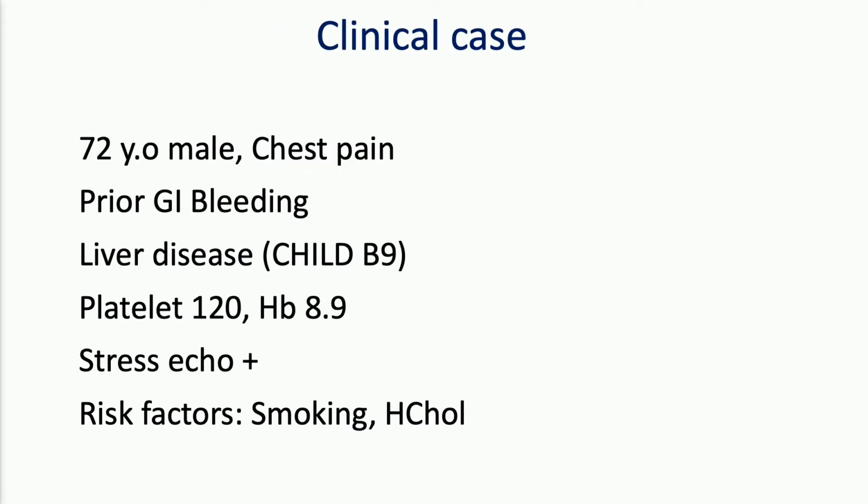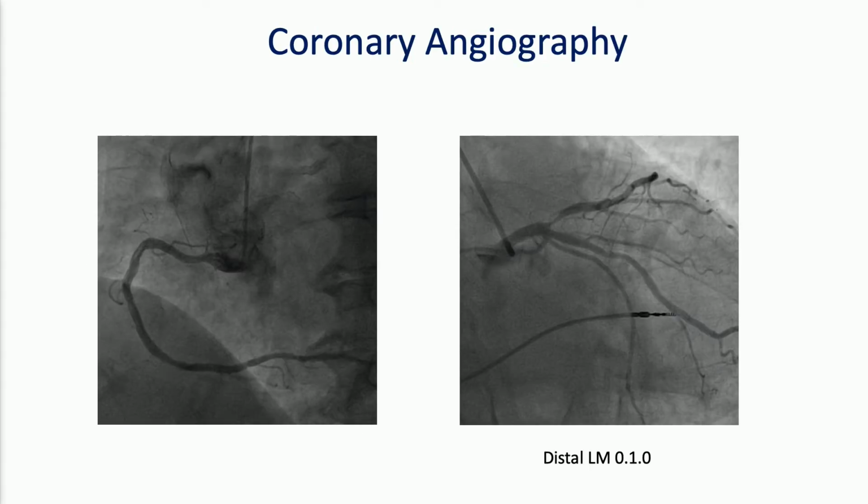But we also have patients on the opposite, like this one, a 72-year-old patient, prior bleeding, liver disease, low platelet count with a positive stress echo. This patient had almost the same lesion as the previous one, which was a critical lesion of the ostium of the LAD.